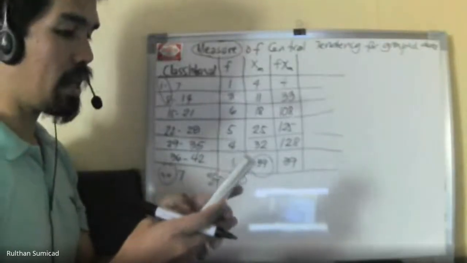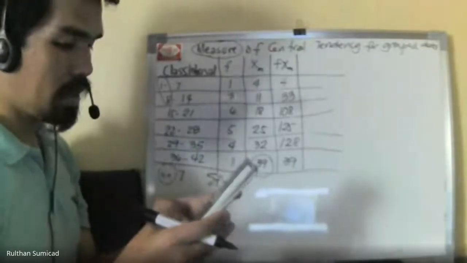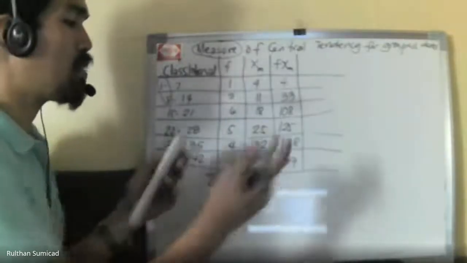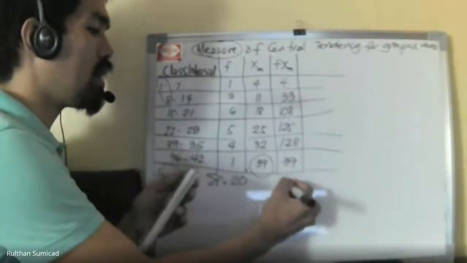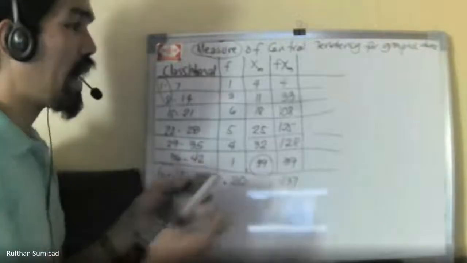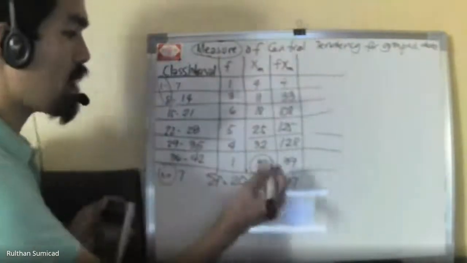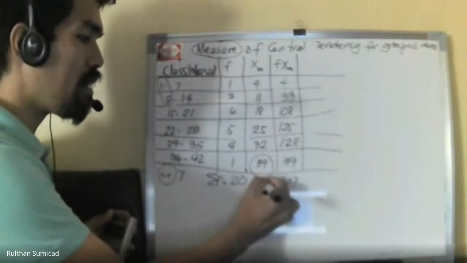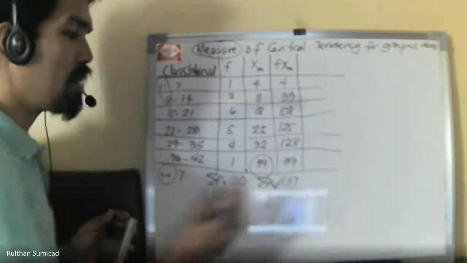Plus 128 plus 39. That's 437. Kindly check if it's correct. The summation of fx sub m is 437.